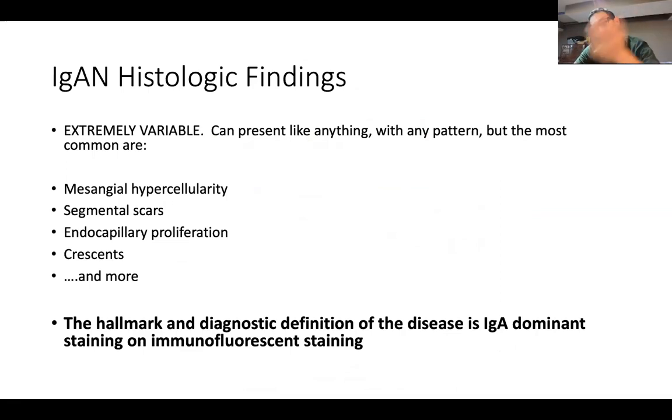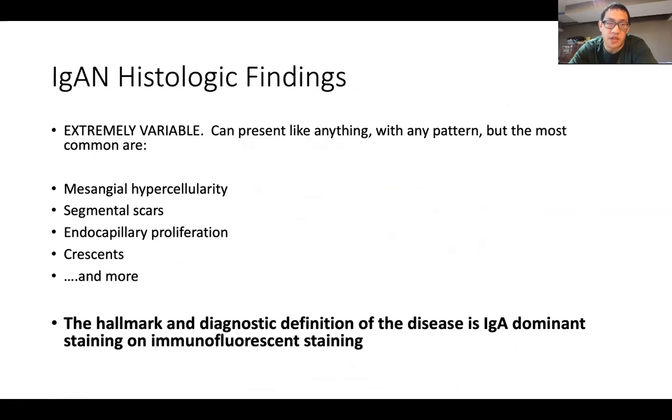And so there's been a lot of talk about, can we use the biopsy to help us prognosticate which patients are going to do well, which patients are not going to do well. And so the histologic findings are really variable. I think the 2 diseases that can probably look like everything are lupus and IgA nephropathy.